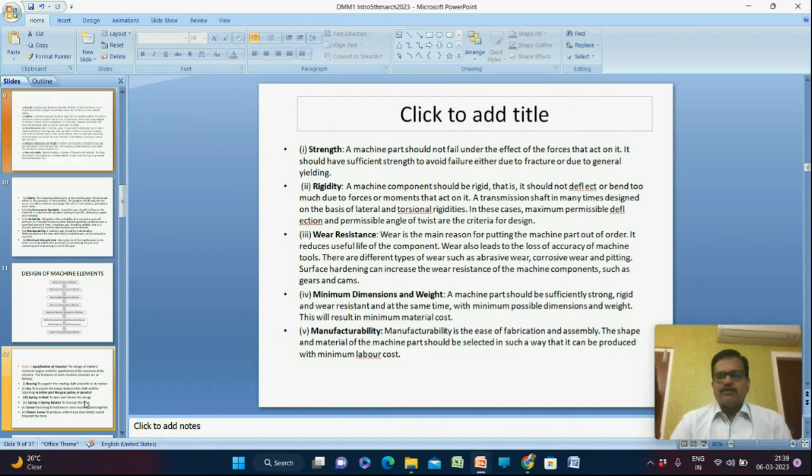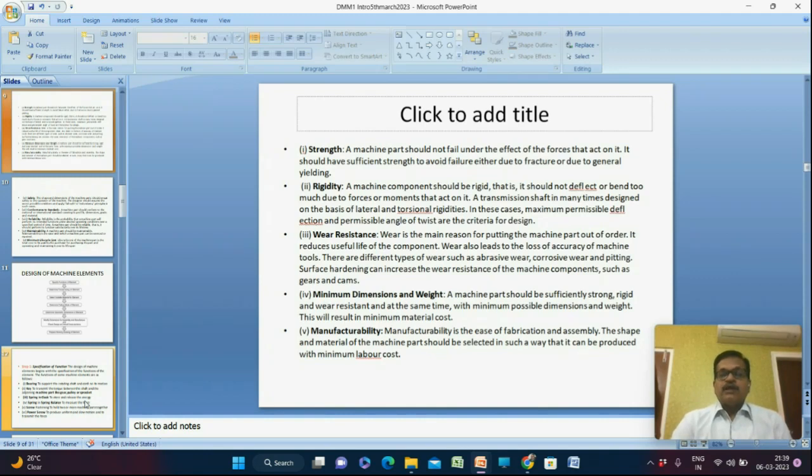When a shaft is deflected, the gears which are mounted on the shaft are going to lose contact with the gears on the parallel shaft, and the angle of twist is also very important.